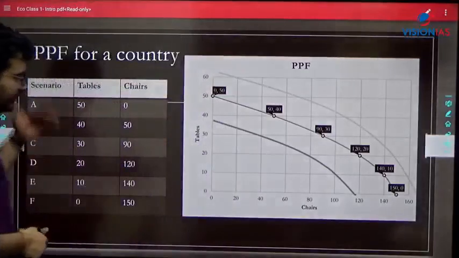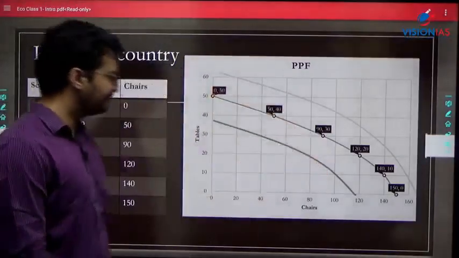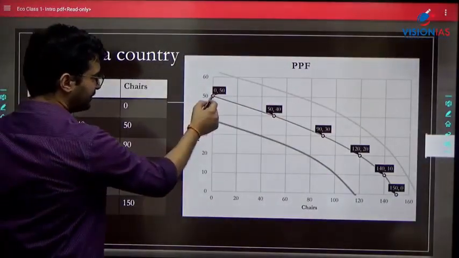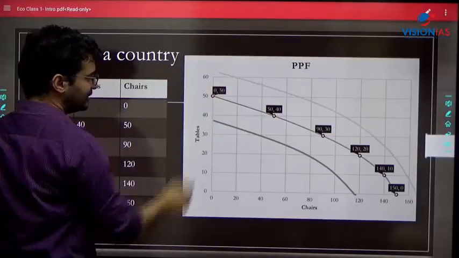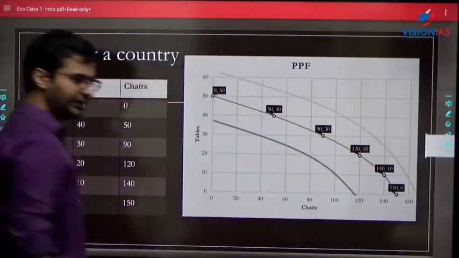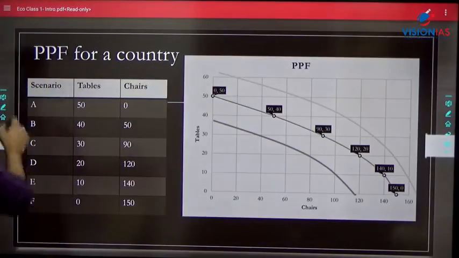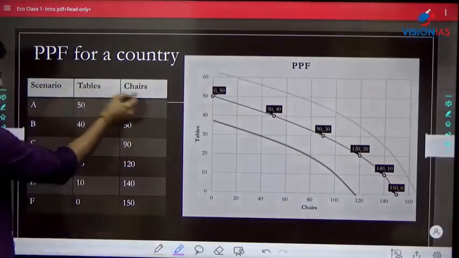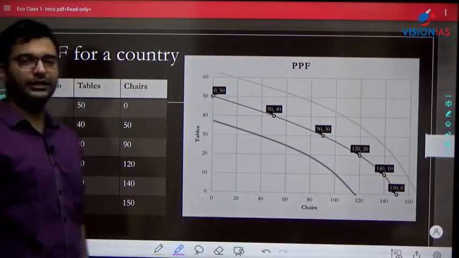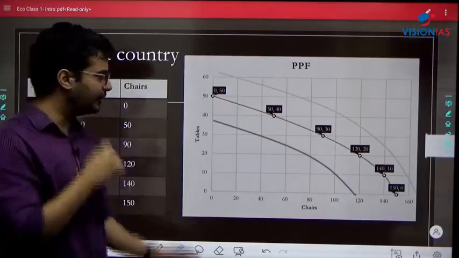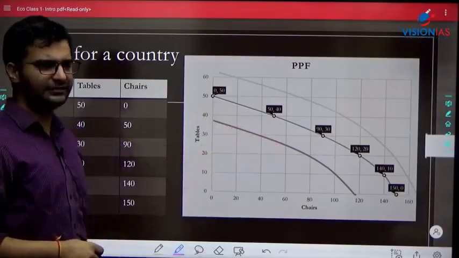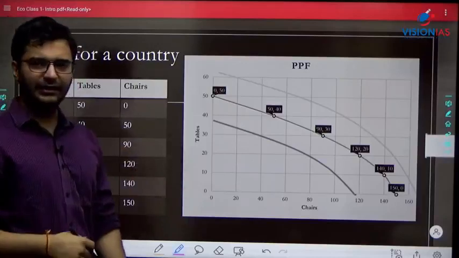Again, just like we plotted that, we can plot this on a graph as well. A country has output of tables and chairs, so this will become the production possibility curve of the country. Just like we drew the production possibility curve of deer and berries, we can draw a production possibility curve of tables and chairs.